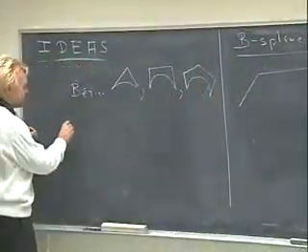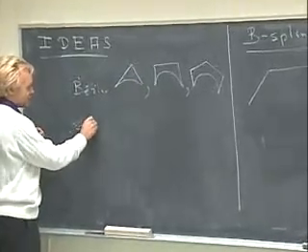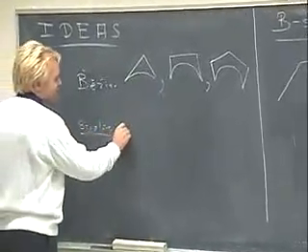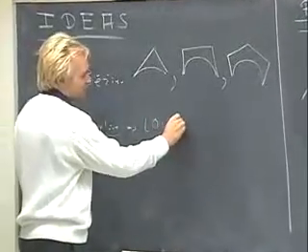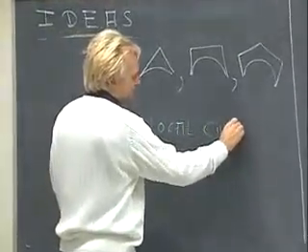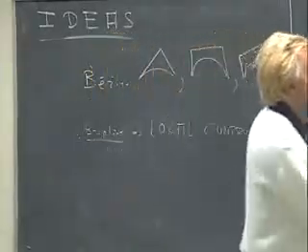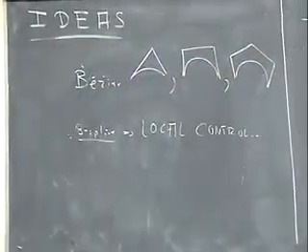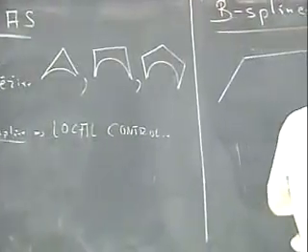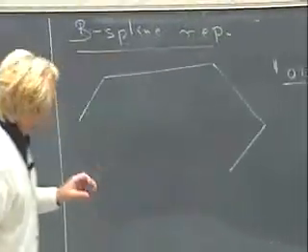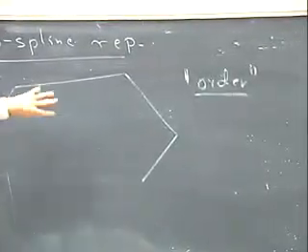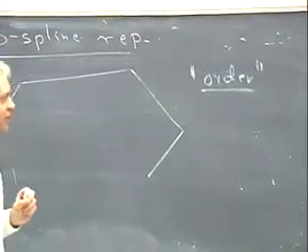And that is called B-spline. And that gives you local control. Okay, so the example I will put here, there is something called an order. An order defines how many control points influence the shape of a curve locally.